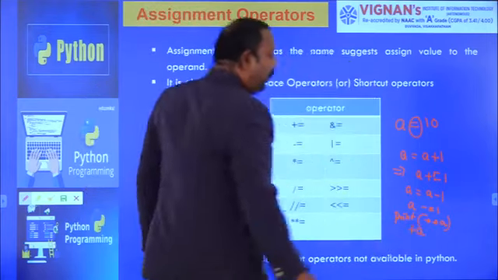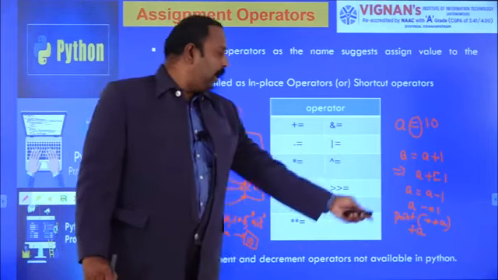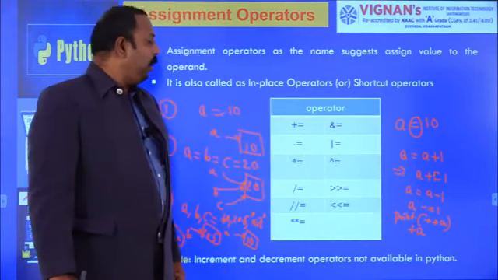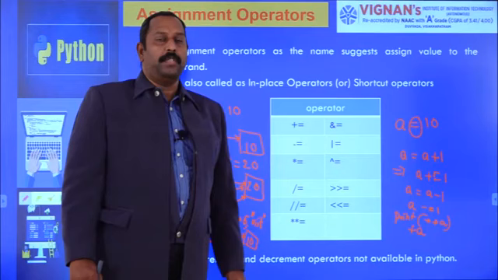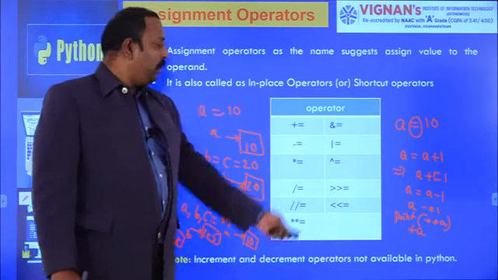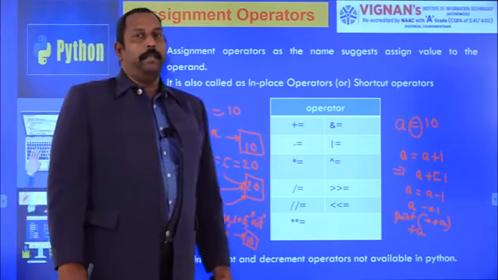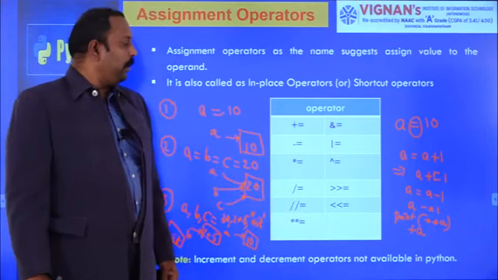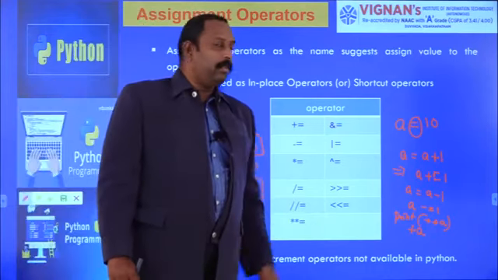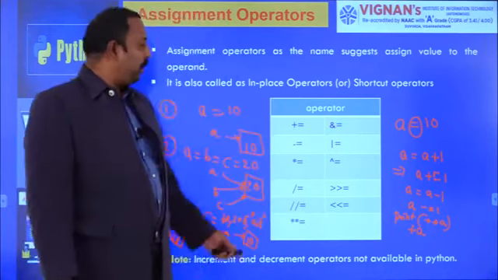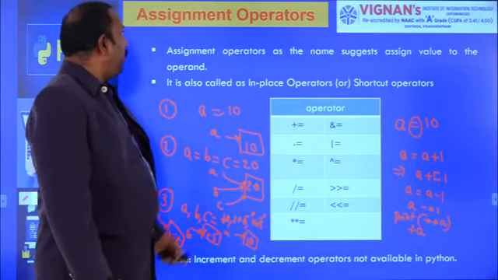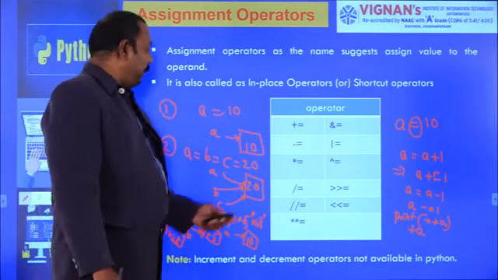The Python interpreter will consider it as a unary operator. There is no plus plus operator in Python. Similarly, there is no minus minus; it will be represented as unary minus. So these are the assignment operators available in Python.